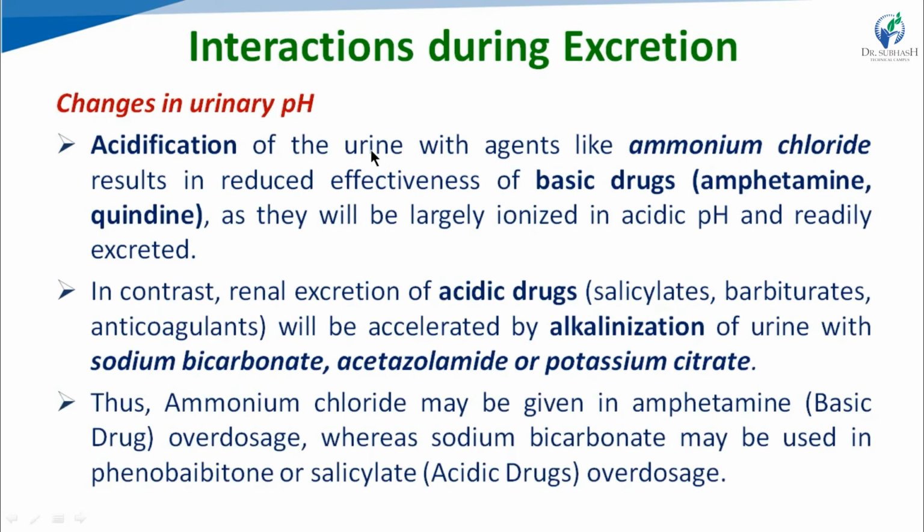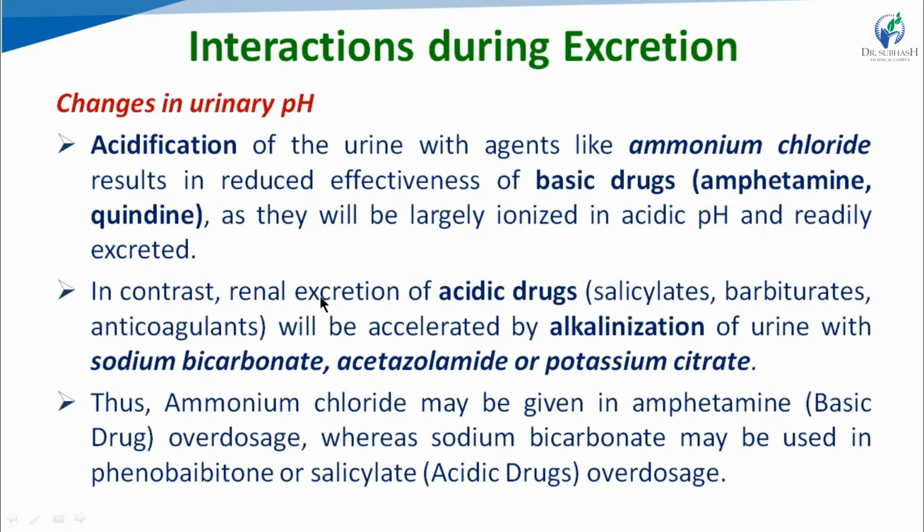Now acidification of the urine with agents like ammonium chloride results in reduced effectiveness of a basic drug, for example amphetamine or quinidine, as they will be largely ionized in acidic pH and readily excreted. देखिए यहाँ पे a basic drug will be excreted if it comes in an acidic pH. In acidic pH, it will be converted into the ionized form, and due to that it will be readily excreted. So यहाँ पे अगर हम acidification process करें तो it will be helpful for the excretion of the basic drugs.